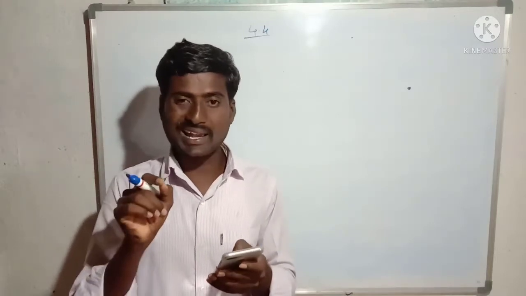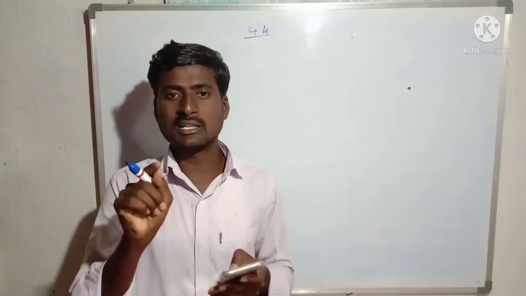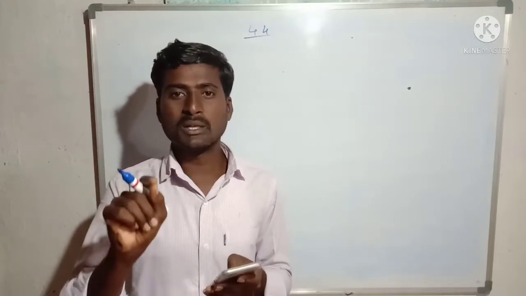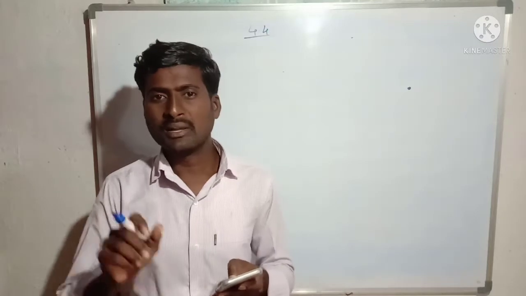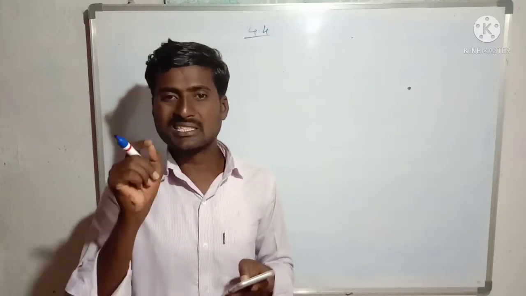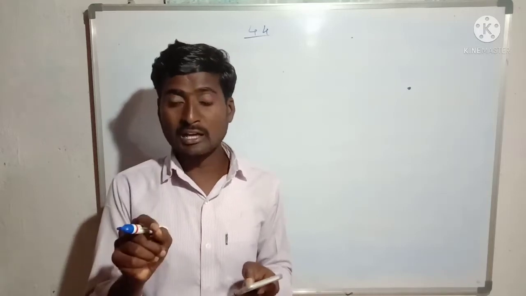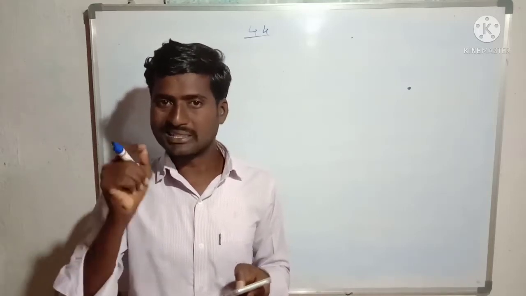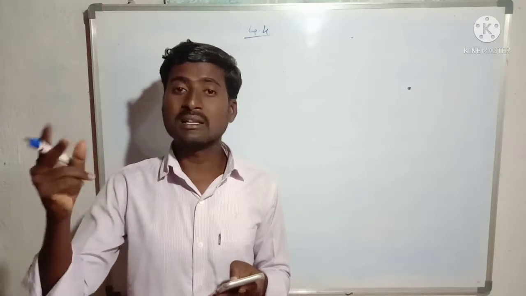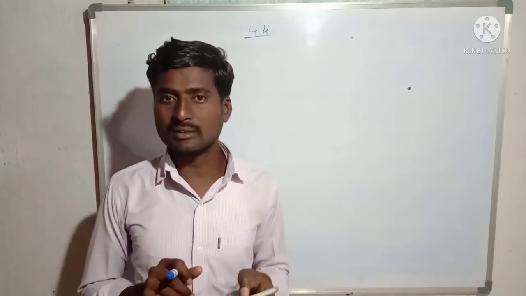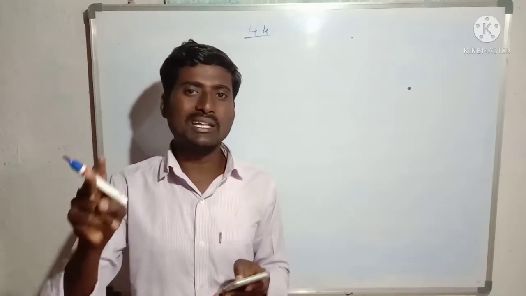If the roots exist, it means the roots are real. When they are real, if the discriminant is greater than 0, the roots are real. And if b square minus 4ac, the discriminant, is equal to 0, then there will be two real equal roots.